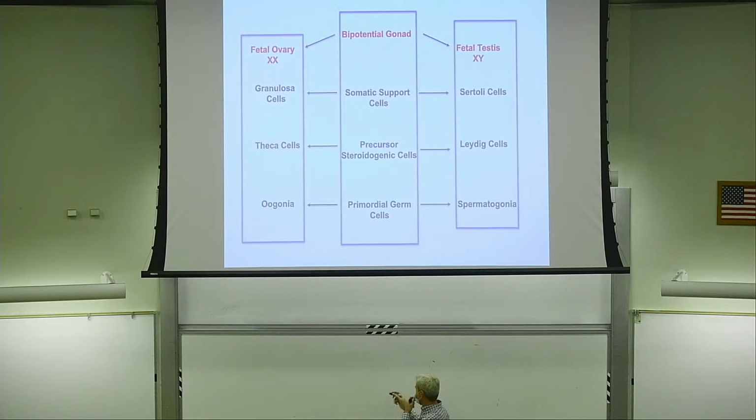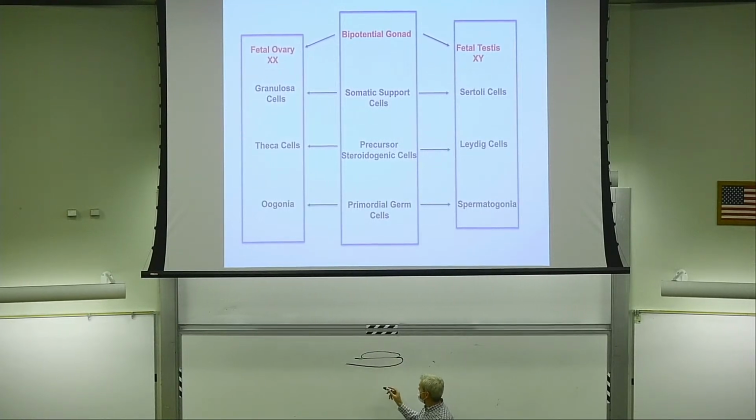So here is a bipotential, undifferentiated, identity-less gonad. And here we have the mesonephros. Yesterday I made the analogy of a hot dog on a bun. The gonad is the hot dog, the bun is the mesonephros. Two separate structures, but they do work together, okay?